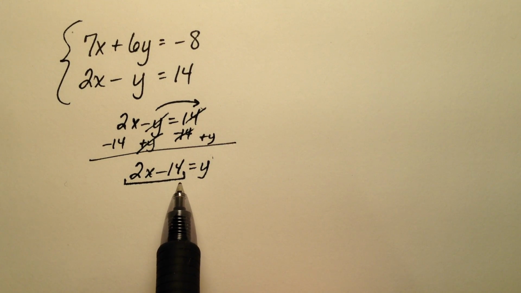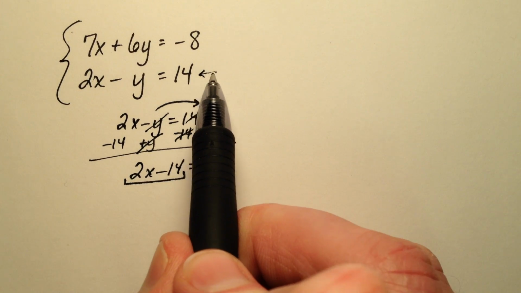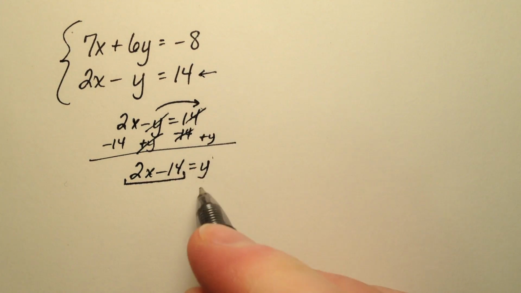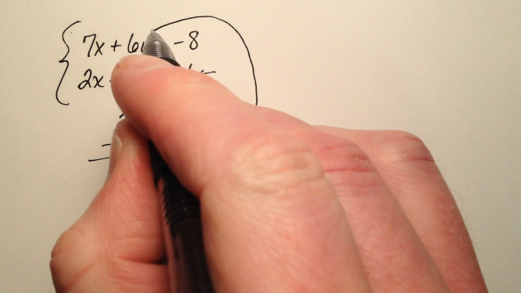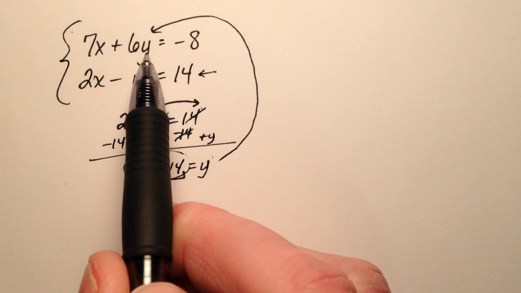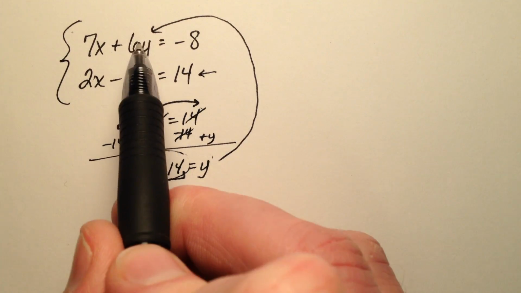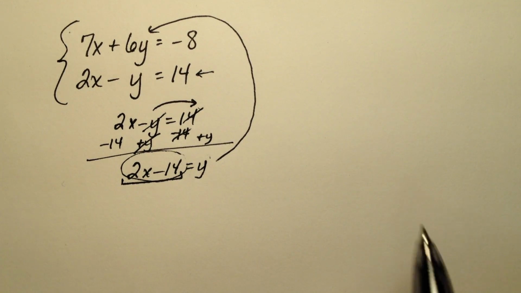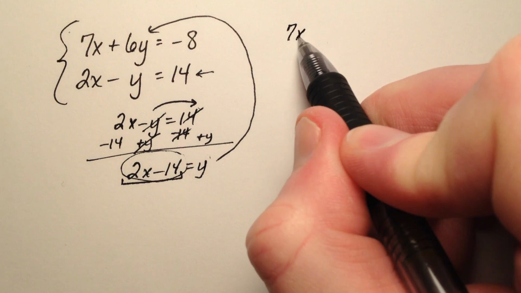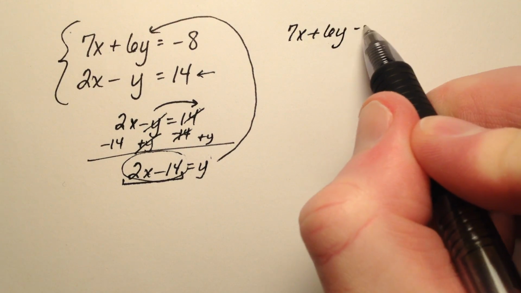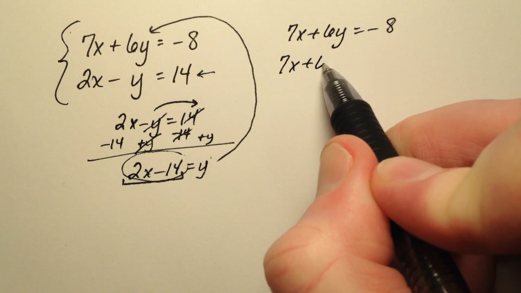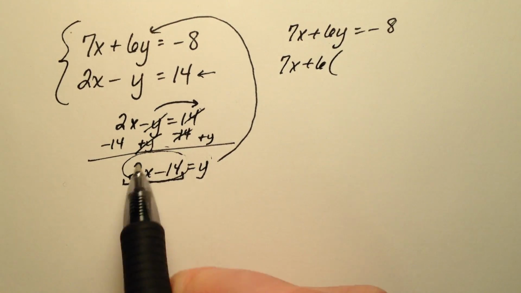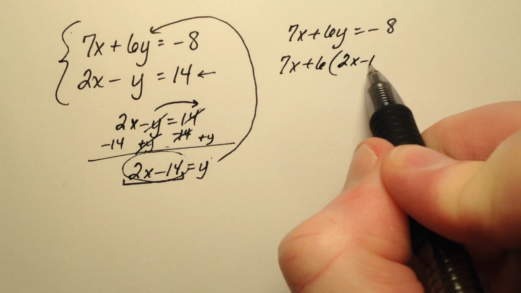Since I used this equation to get my value of y, I'm going to plug in this 2x minus 14 for y in the other equation. In this manner, we can combine these two equations together. So I have 7x plus 6y equals -8. I'm going to plug in for y this 2x minus 14.